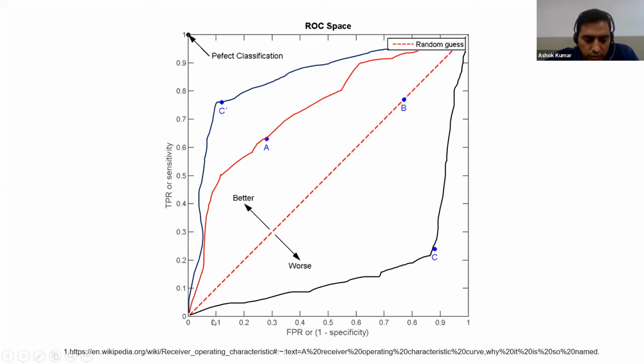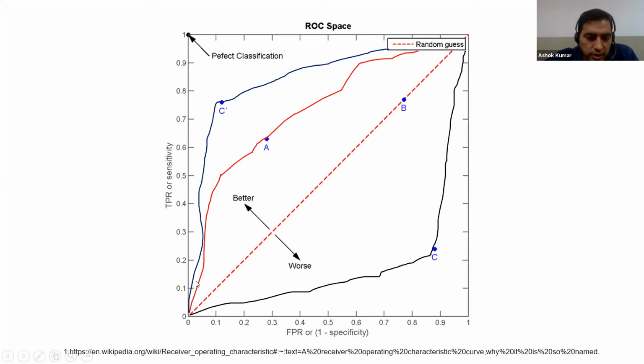This dotted line is the null value. This is by chance, a random guess. If the curve is above this line, it is better, and below this line, it is worse.